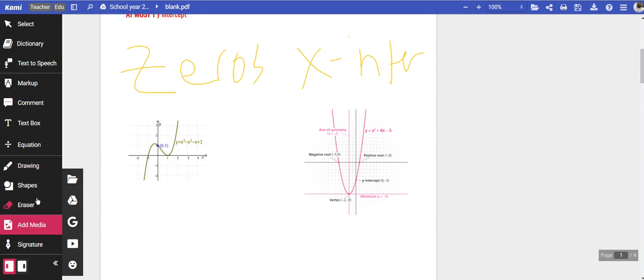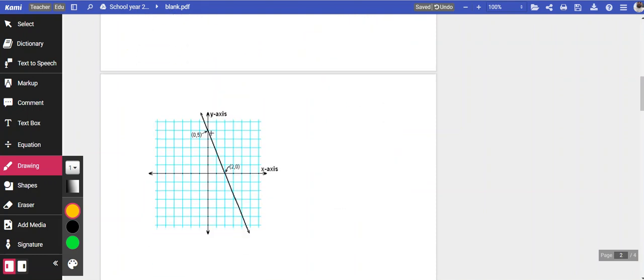Looking at this one, this right here is an x-intercept, that right there is an x-intercept, and this right here is your y-intercept. Here you have a y-intercept right there. So you can see that the y coordinate of your x-intercepts is 0, and the x coordinate of the y-intercept is always 0. You've seen this in the line too. There's your y-intercept and here's your x-intercept.